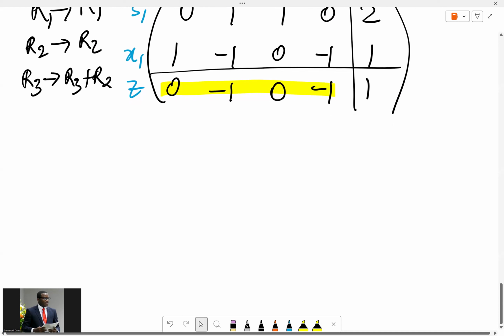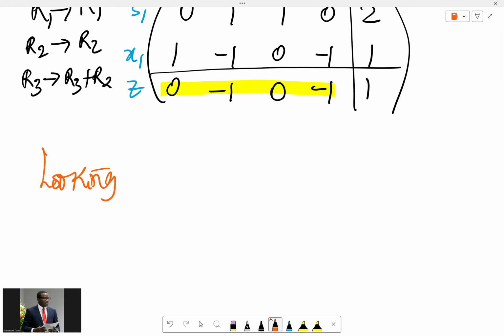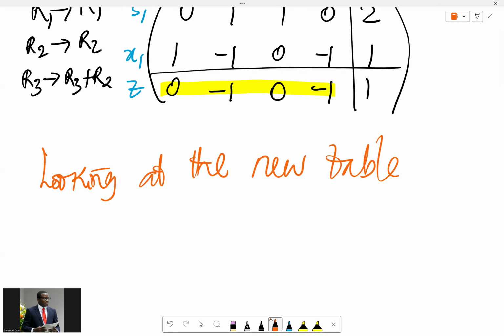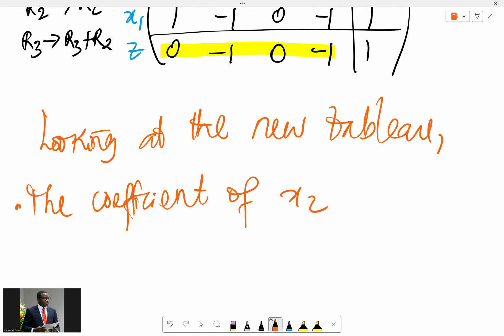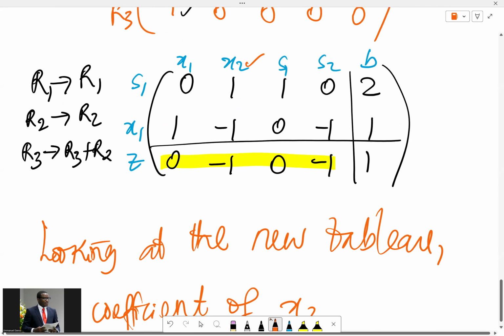So if you look at the new tableau, okay. First of all, you see that the coefficient of x2, this is x2, right? The coefficient of x2 in the objective function is -1. You can see it's -1.